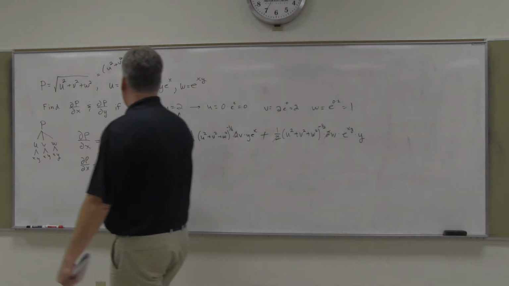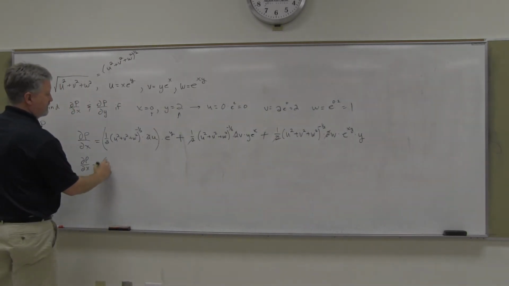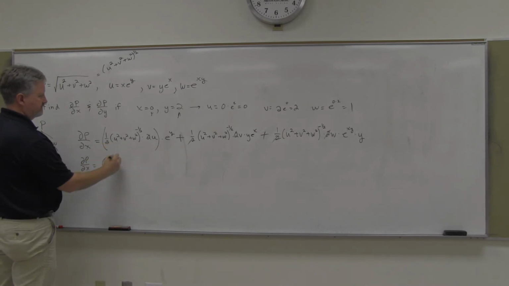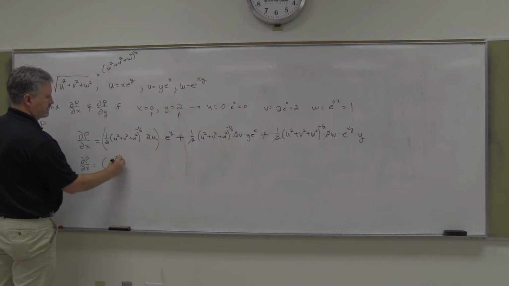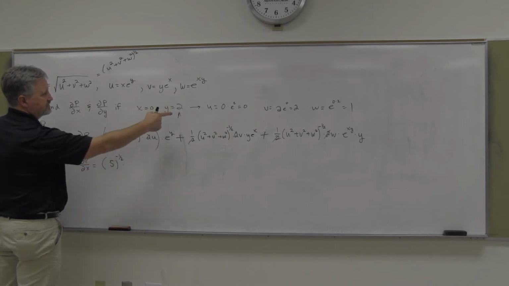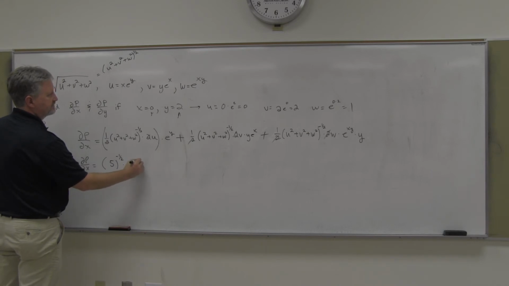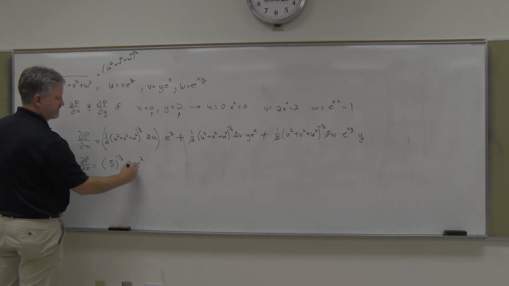All right, so u is 0, so 0 plus 4 plus 1, so it'd be 5 to the -1/2. U is 0, e to the y, so that term is just 0.